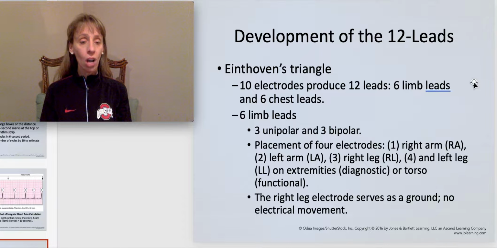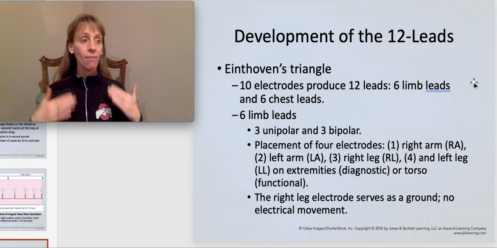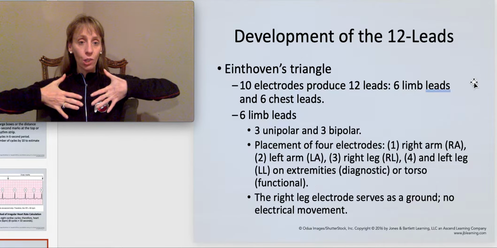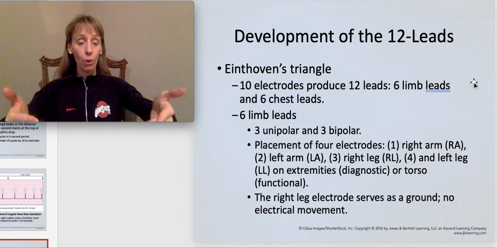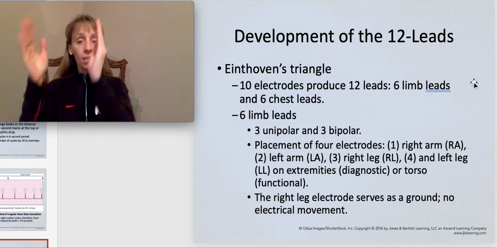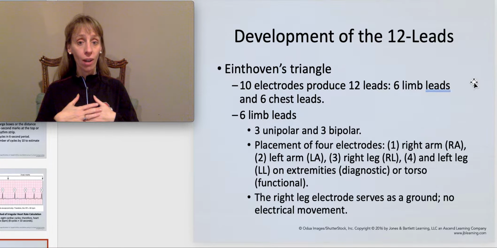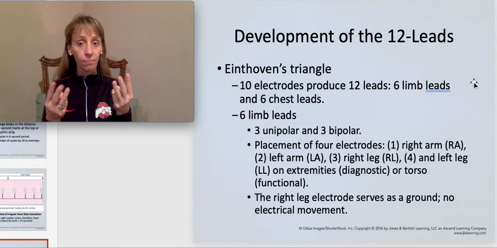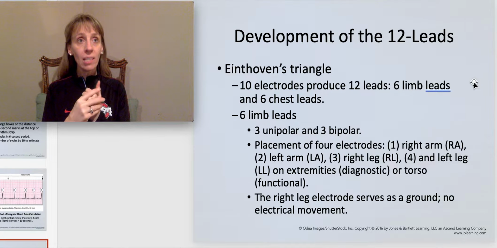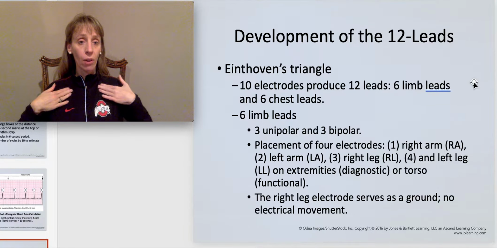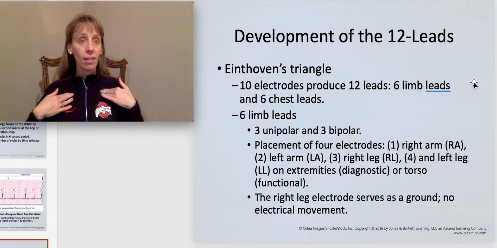The next thing I want to talk about is how 10 electrodes give us 12 views. So we call this Einthoven's triangle. We put 10 electrodes on the body and we get 12 photos. 6 are called limb leads, and the other 6 are chest leads that go directly on the chest. With the placement of the 4 electrodes that are considered our limb leads, the right arm and left arm go just right under the clavicle, that subclavicular fossa area.